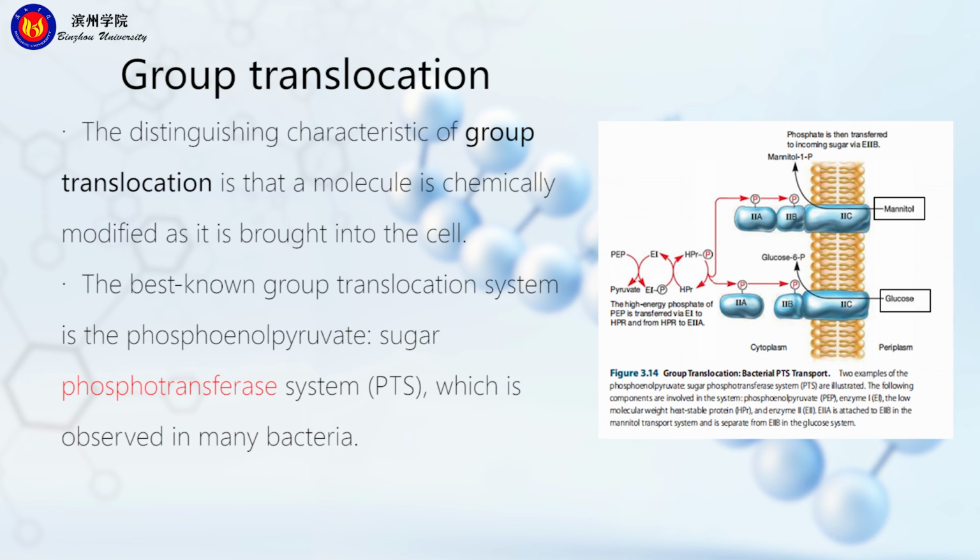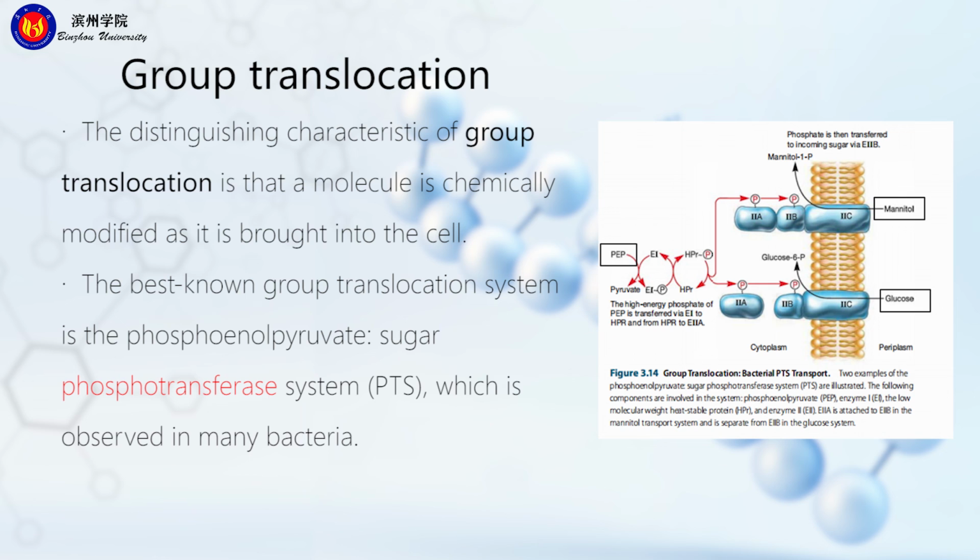PEP is an important intermediate of a biochemical pathway used by many bacteria to extract energy from organic energy sources. PEP is a high-energy molecule that can be used to synthesize ATP, the cell's energy currency.